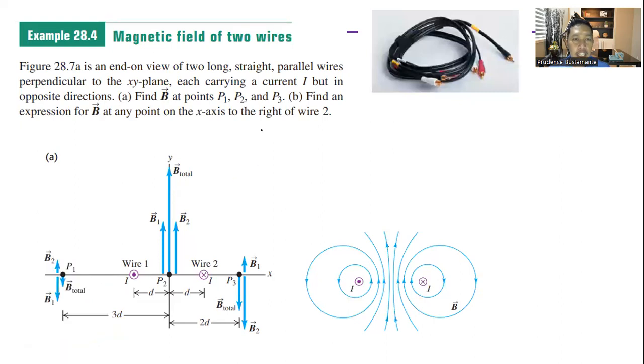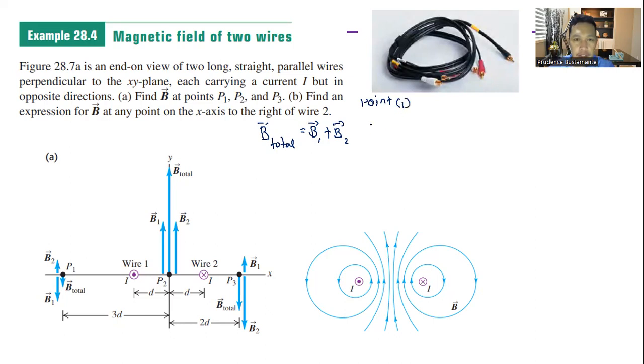The magnetic field B total is just equal to B1 plus B2 at point one.